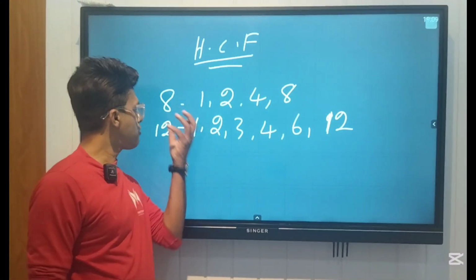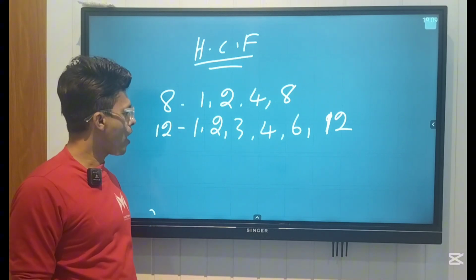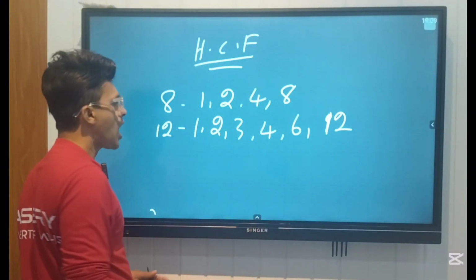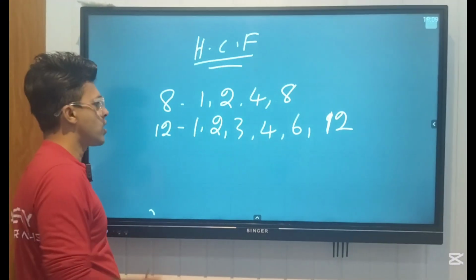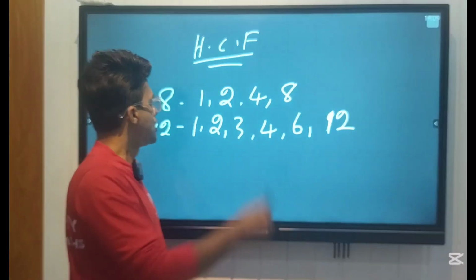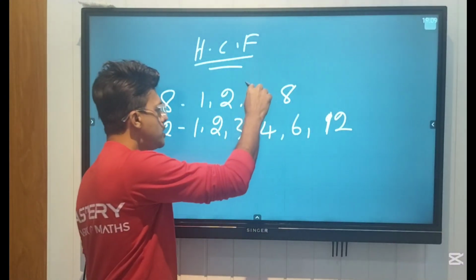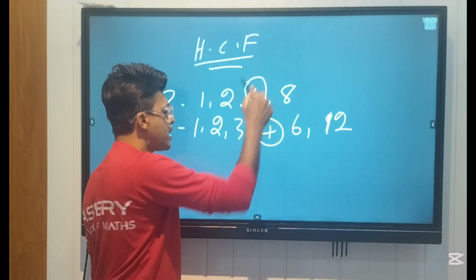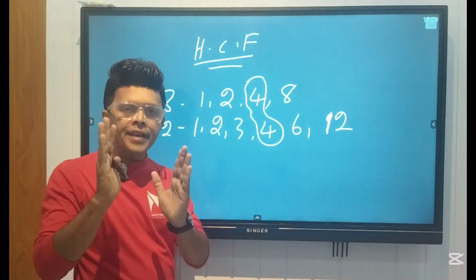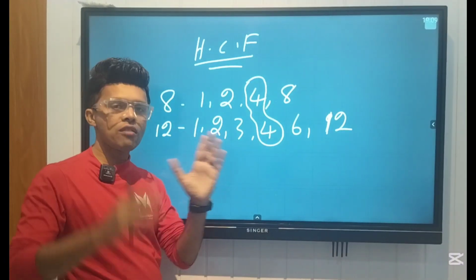So the factors of 8 are 1, 2, 4 and 8. The factors of 12 are 1, 2, 3, 4, 6 and 12. Now the highest common factor of 8 and 12: 1 is a factor of 8 and of 12. 2 is a factor of 8 and of 12. 4 is a factor of 8 and of 12.